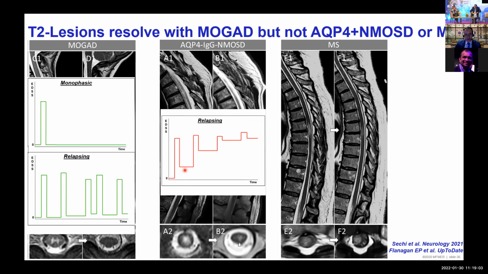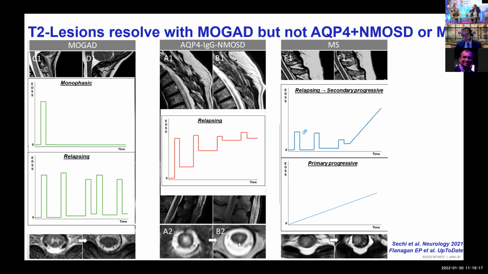Thus, it highlights how important it is to get in with treatment here to prevent this ensuing disability, and also to try and treat with plasma exchange to bring down the severity and increase the chance of recovery with these attacks. With MS, here we can see with the EDSS, we see a milder attack with MS. So they may just have some mild sensory symptoms and they tend to recover pretty well.